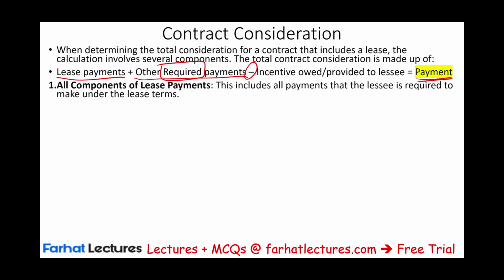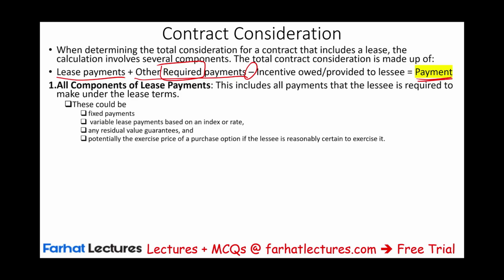Well, the lease payment would involve all payments that the lessee is required to make under the lease terms, which is what? It could be a fixed payment, it could be a variable lease payment based on some index or rate, any residual value guarantee, and the exercise price of the purchase option, if the lessee is reasonably certain to exercise it. Those are all part of the lease payment.